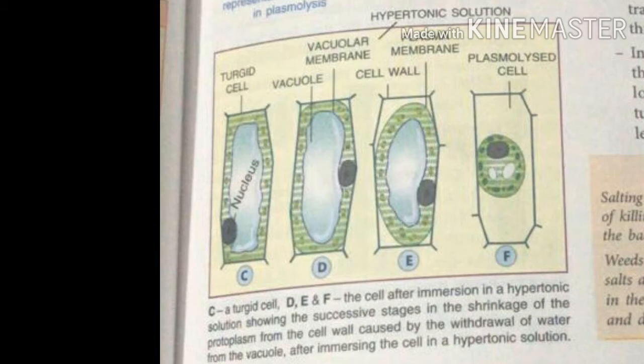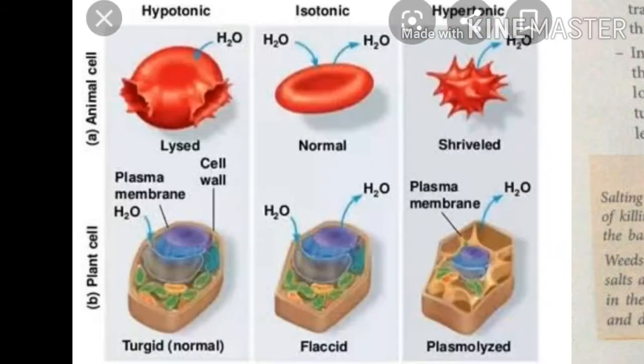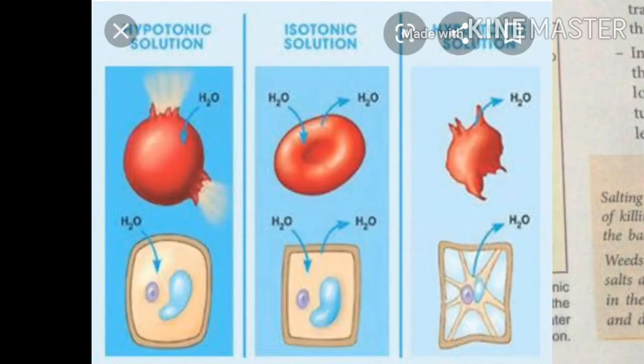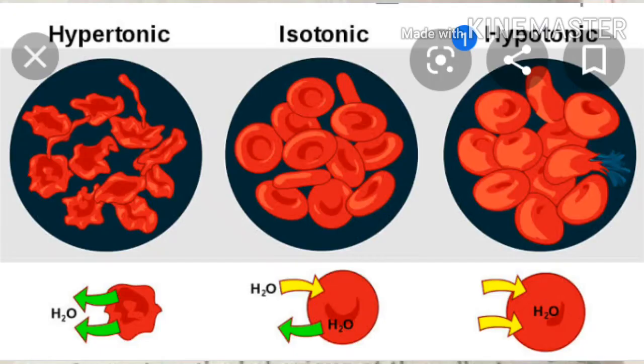To understand the three conditions and the process of osmosis, take human RBCs. Place them into three different dishes, one containing isotonic, second hypotonic and third hypertonic solution. In setup 1, the shape and size of the RBC remain unchanged as there is no net osmosis.